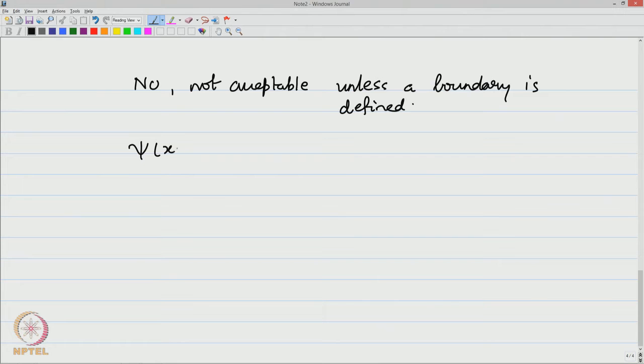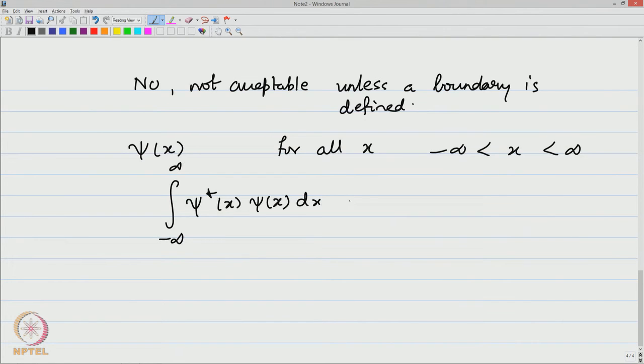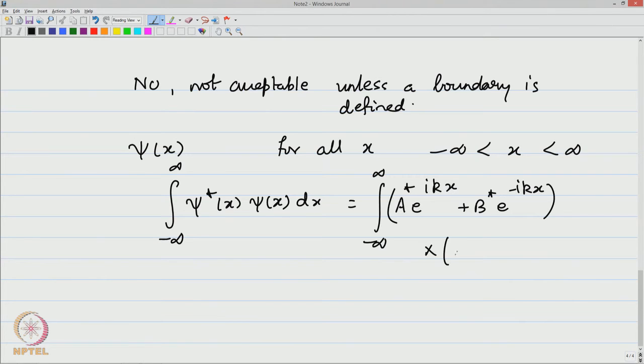If you say psi of x is valid for all x, meaning minus infinity less than x less than plus infinity, then the integral of psi star psi dx from minus infinity to plus infinity, even if we take only one of the terms, e to the I k x, will become the integral of a star e to the minus I k x plus b star e to the I k x, let us write this as complex because we do not know what a is, multiplied by psi, which is a e to the I k x plus b e to the minus I k x, dx.